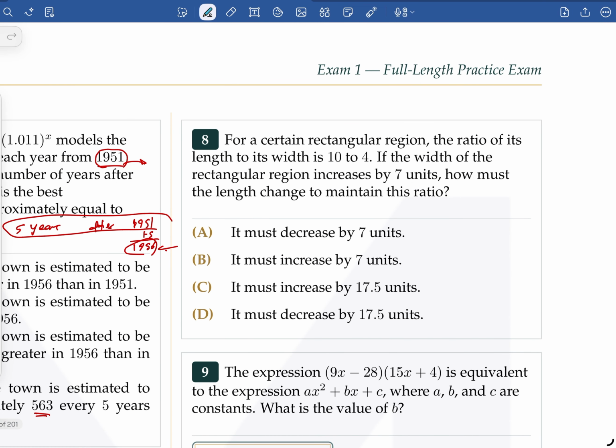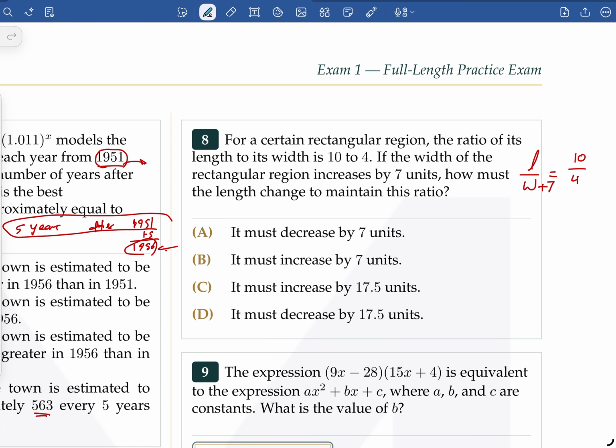Question number 8. For a certain rectangular region, the ratio of its length to its width is 10 to 4. Length to width is equal to 10 to 4. And then if the width of the rectangular region is increased by 7 units, so this width will be increasing by 7 units.